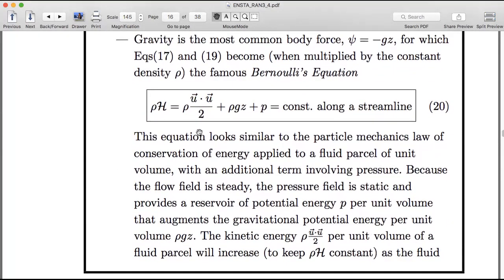As I say down in the text here, it looks a bit like particle mechanics. Remember in particle mechanics, if I have some particle and I'm throwing it in a gravitational field, I can say that the kinetic energy plus the gravitational potential energy of this particle are conserved, even as the phone is moving up.